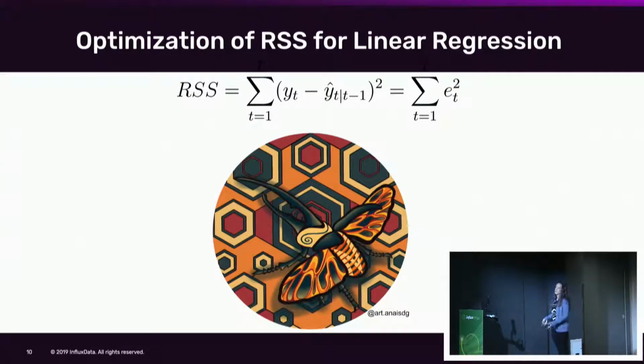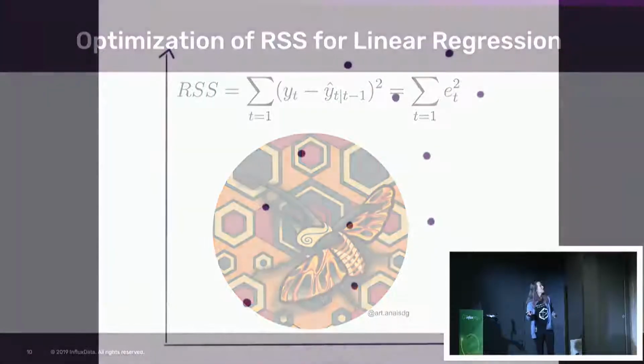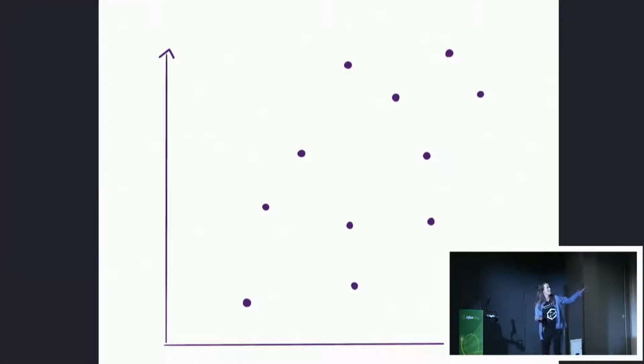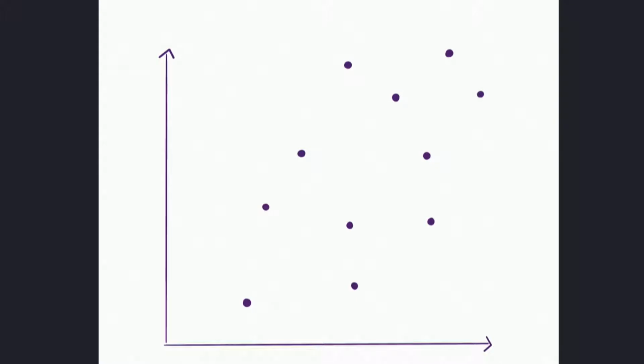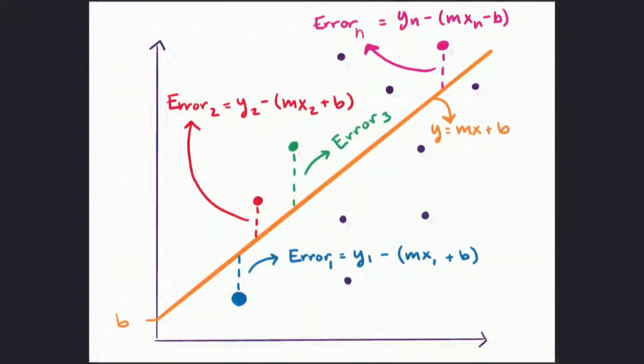And all the residual sum of squares is the distance between every point in our data set and the line of best fit, and summing those values and squaring them. And if that meant nothing, that's okay, because I have pictures. So if this is our data set, we have a bunch of random points, and we draw some arbitrary line through it. We find the distance between every point and the line.